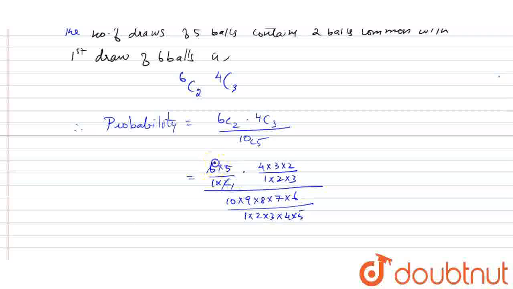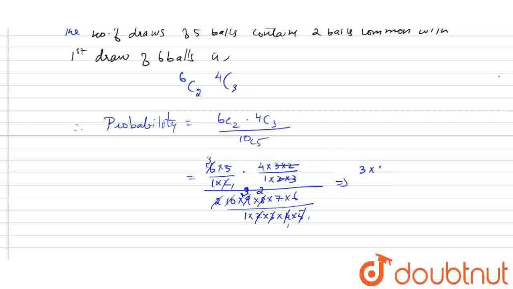Here 2 ones are 2, 2 threes are 6, 2 3 cancel here, and 5 ones are 5, 5 twos are 10, 2 2 cancel here, so 3 threes are 9, sorry, it is 3 value. And 4 ones are 4, 4 twos are 8. Therefore the value is equal to 5 threes are 15.